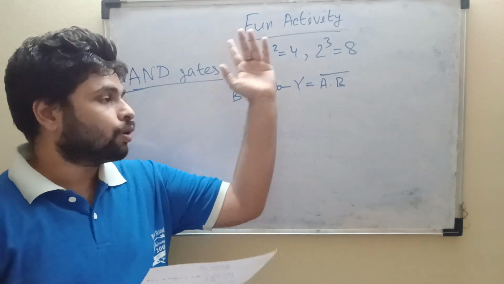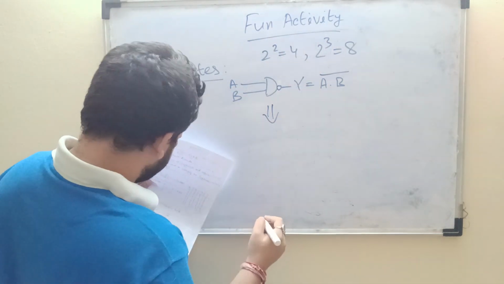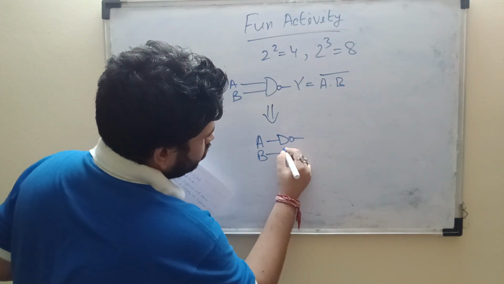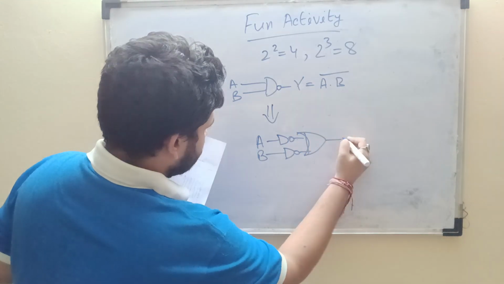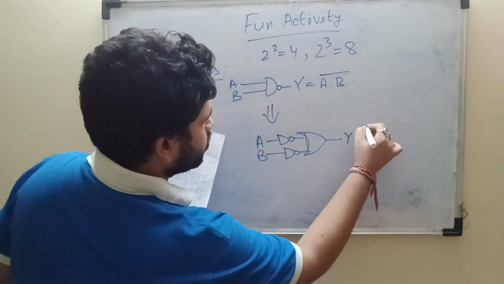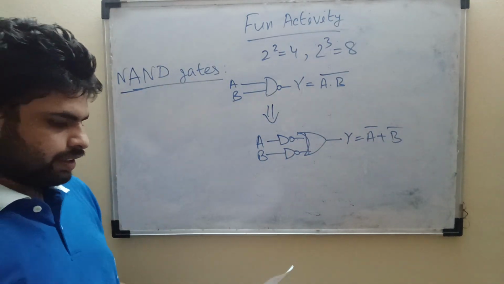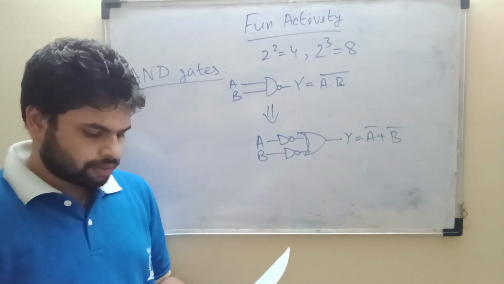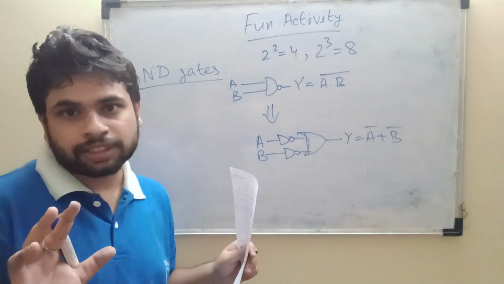A dot B whole bar, and it can be represented just like this, A bar plus B bar. Okay. So this is about De Morgan's rules. So let's do some operations with all this stuff. The final operation of the class.